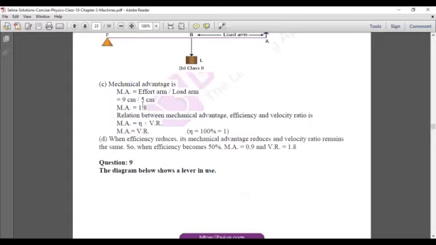When the efficiency reduces, its mechanical advantage also reduces and velocity ratio remains same. So when the efficiency becomes 50%, mechanical advantage will become 0.9 and velocity ratio will be 1.8 as it is.